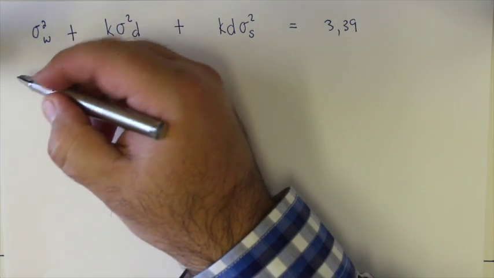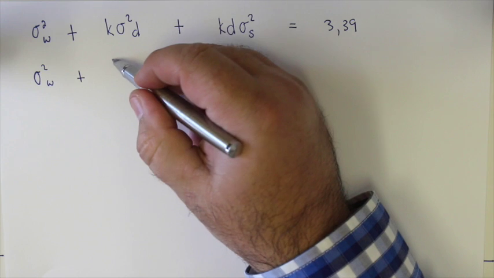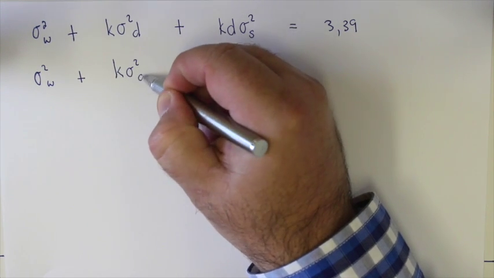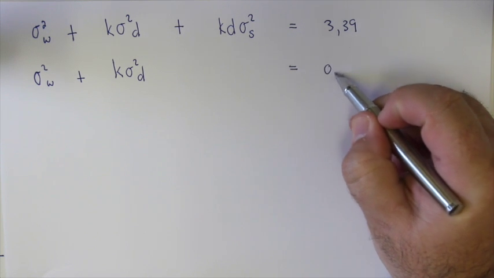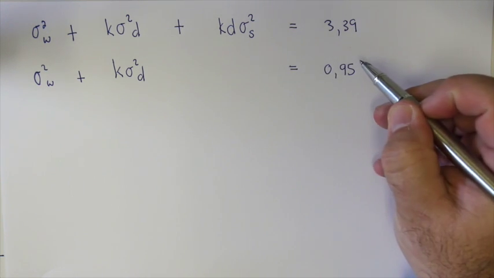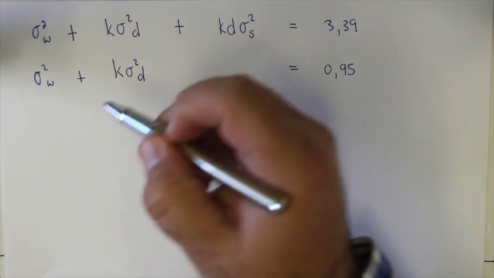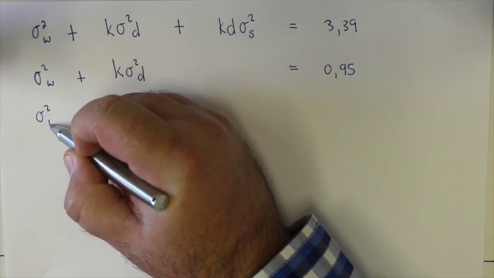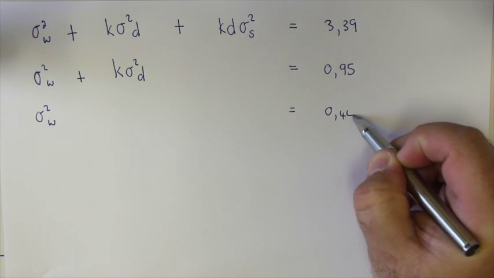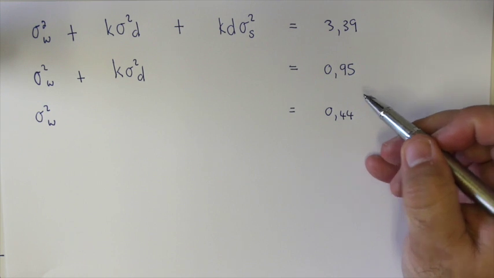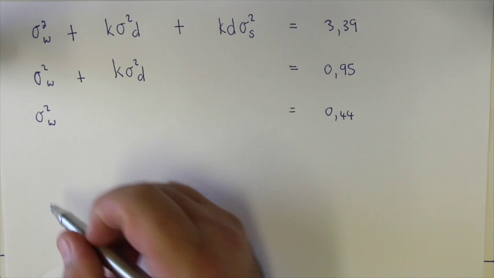We also know that sigma squared w plus k times sigma squared d equals 0.95, and we also know that sigma squared w equals 0.44. So 0.44 equals sigma squared w, that is sorted.